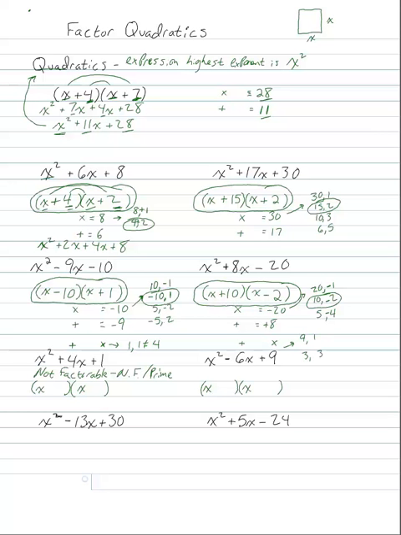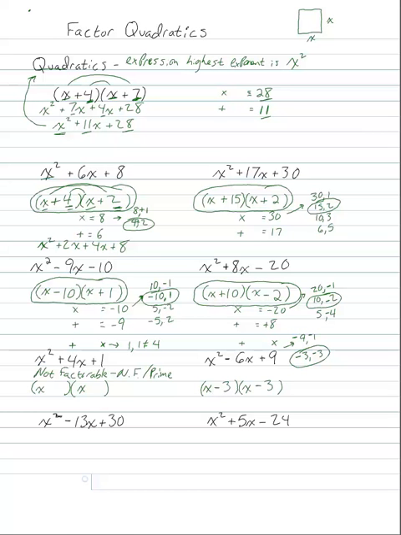Neither of them add to negative 6 though. Well, if I'm multiplying to a positive, that just means they have to be the same sign. So they don't have to both be positive, they could both be negative. So I can try this. Negative 9, negative 1, no, but negative 3 and negative 3, yes. So x minus 3, x minus 3.